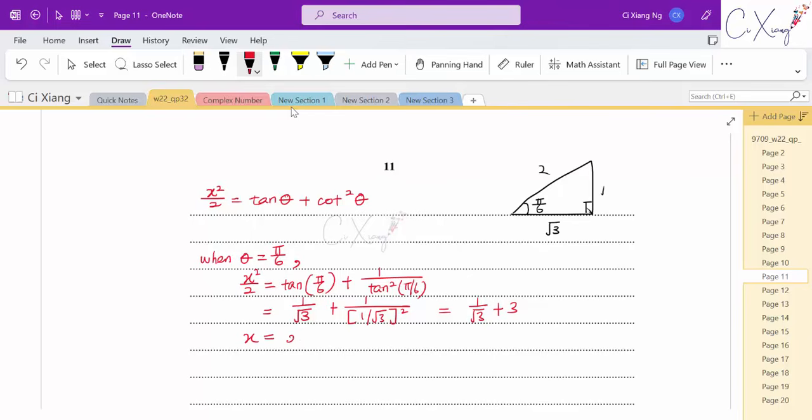If I multiply with 2 and take square root, my answer will be a long value. And then of course we need to correct it to 3 significant figures, where the answer for x should be 2.67. So basically this is how we solve question number 7.